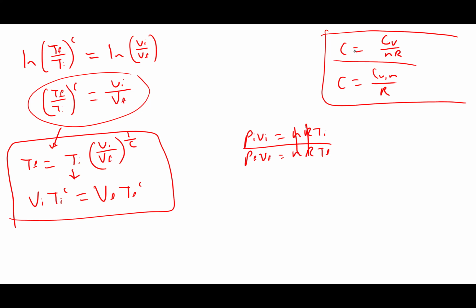But we just figured out TI over TF. If we take this, we can figure out that TI over TF would be equal to VI over VF to the 1 over C power, and then the negative 1 over C power.